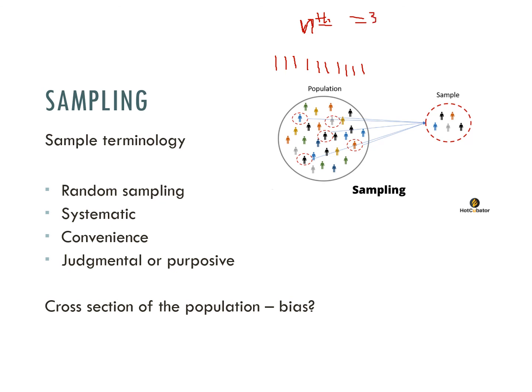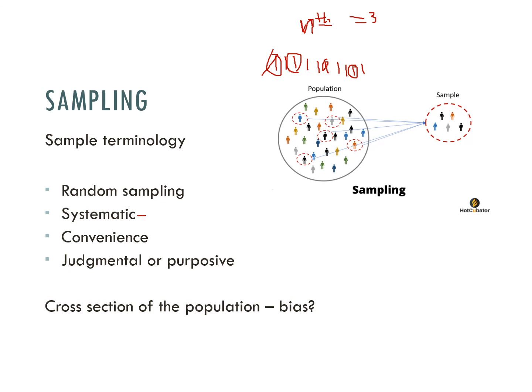Not n necessarily as the sample number, but nth is going to be the people I choose. So I'm going to choose this person, and then this is the first person, second person, third person. I'm going to choose them, and then the next 3. Actually, that doesn't work that way. So not this person, because they're number 1. They're not number 3. So I would skip this person, choose this one, skip this one, choose this one, skip this one, choose this one. So that's how every nth person works.